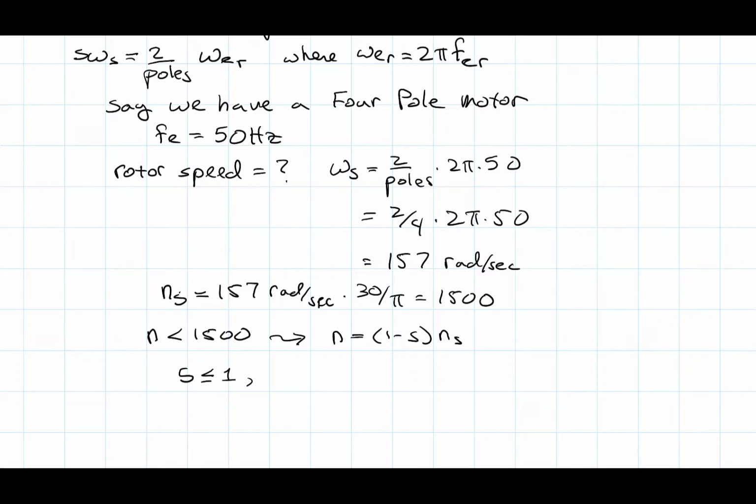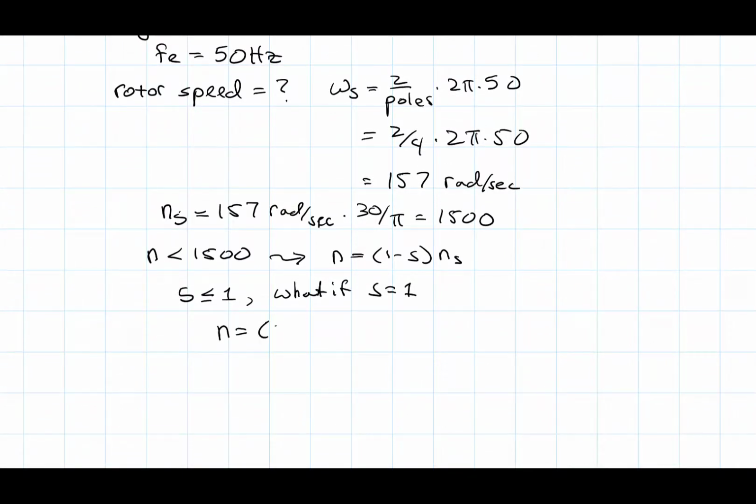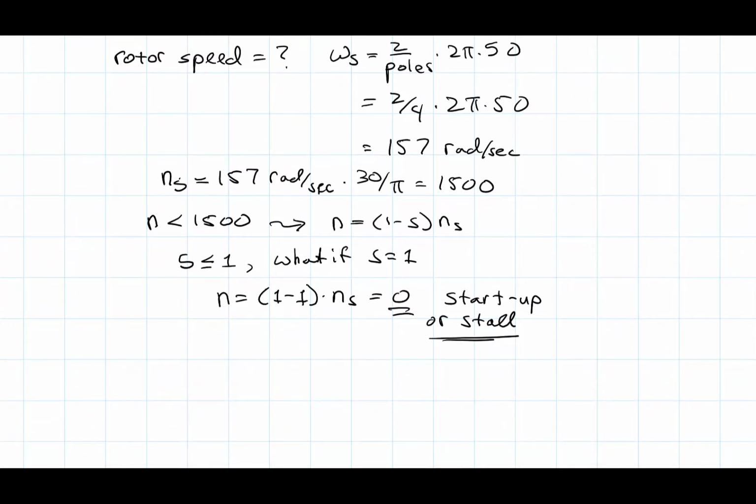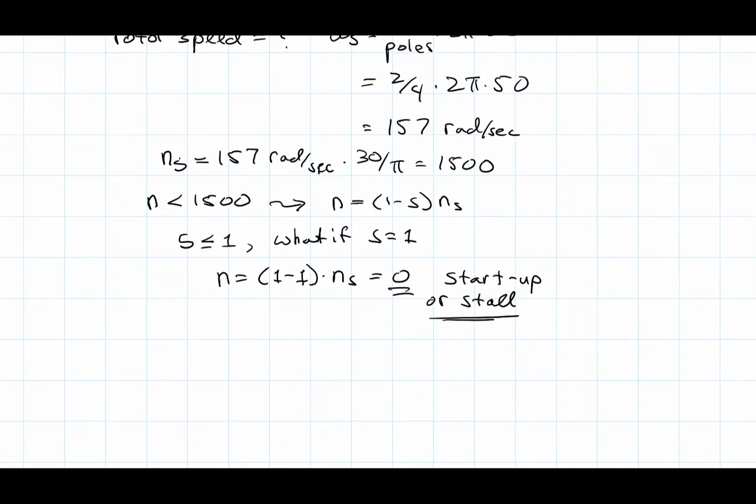And we can think about, what does it mean if the slip is 1? What if S equals 1? Well, the speed would be 1 minus 1 times the synchronous speed, and it would be 0. So this is startup of the motor, or stall. You've locked the rotor so it can't move. That's a slip of 1. That's a pretty extreme slip condition, the most extreme that you could have.